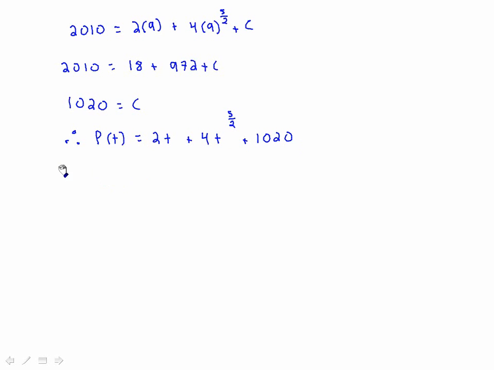And we want the population in 2006. So remember again, we're taking it from the year starting at 1970. So therefore that means P at 36 years after 1970 is equal to 2 times 36 plus 4 times 36 to the 5 over 2 plus 1020.